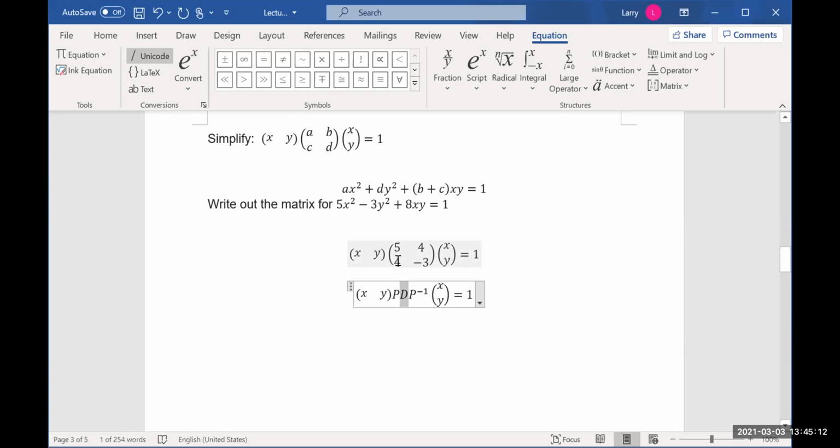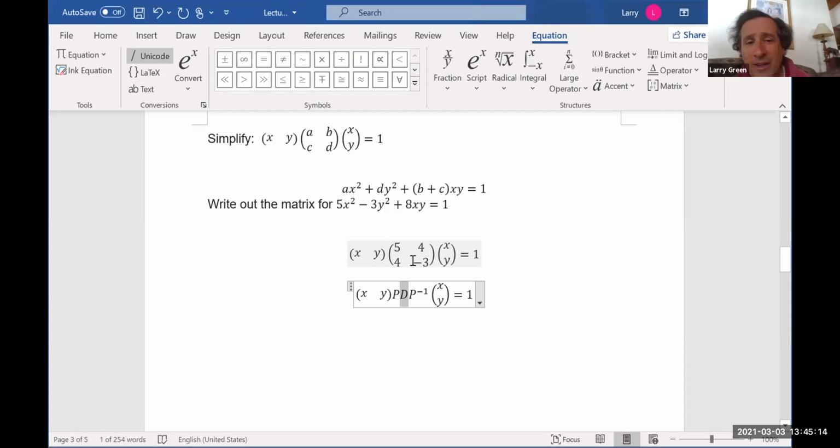Easy. Okay, there's very little to do there. I hope you all agree. So basically, to find out whether you have an ellipse or hyperbola for this particular equation, all I have to do is look to see if the eigenvalues are positive or negative. Any questions on that?